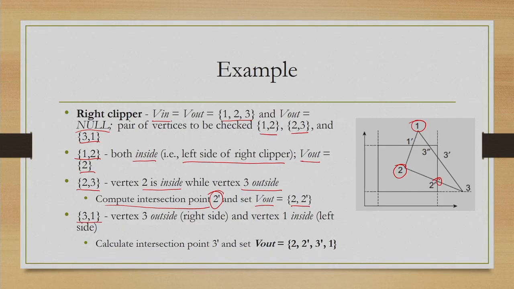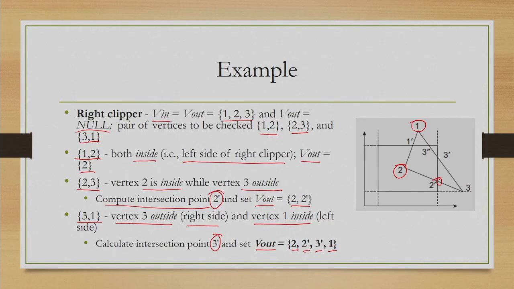Then we check 3 1. Here vertex 3 is outside because it is on the right side of the clipper, whereas 1 is inside because it is on the left side. So, here we calculate the intersection point 3 dash and then finalize the output vertex list as 2, 2 dash, 3 dash and 1, because in this case we return 1 also.